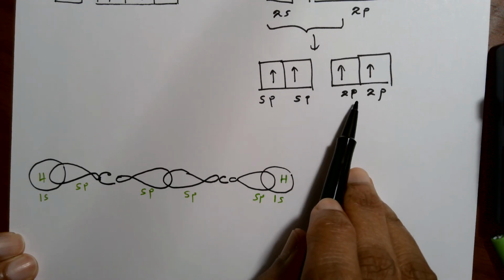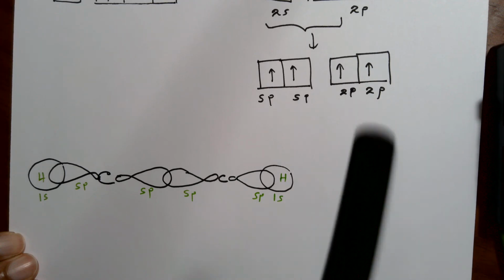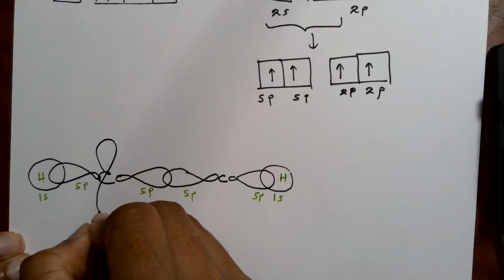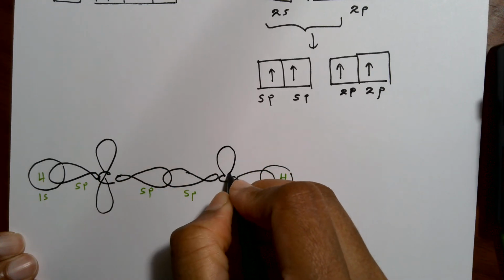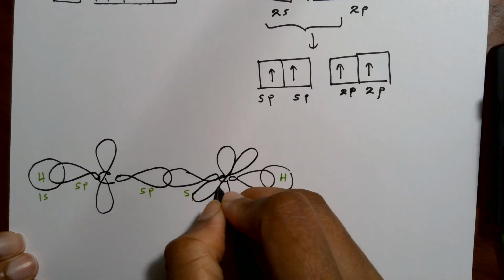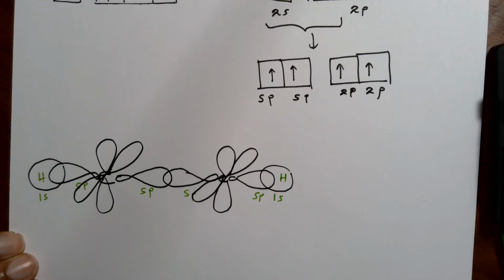Now let's see what happened to these remaining 2p orbitals. The remaining 2p orbitals are on each carbon, one on each, like this. The other one, let's draw parallel, along the z-axis and along the y-axis like this.